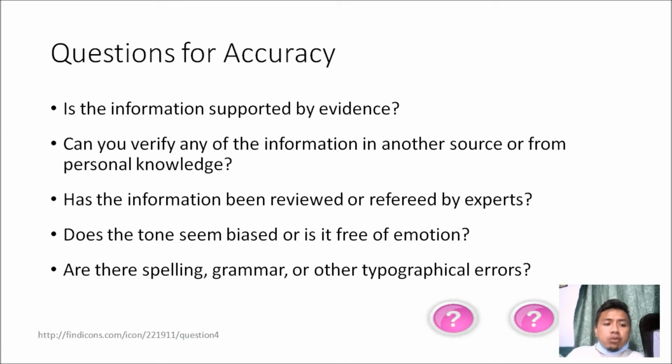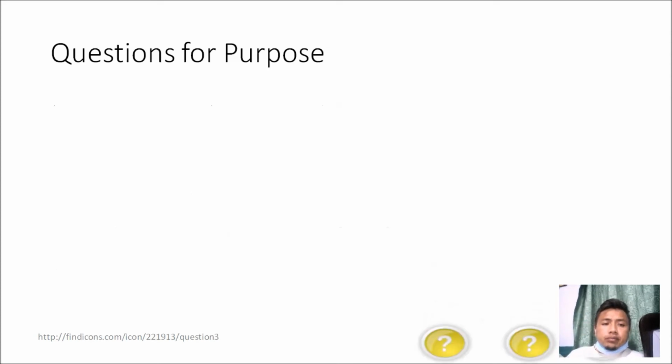Are there any grammatical or semantic errors, whether it is written in active or passive voice, direct or indirect speech? You need to look at all those grammatical aspects. Fake news will always have suspicious grammar.